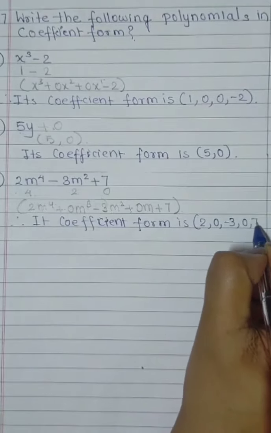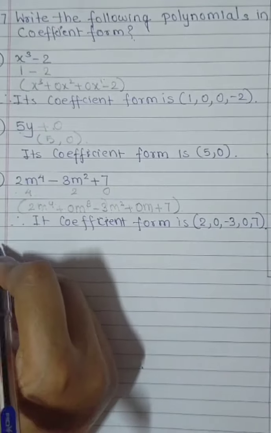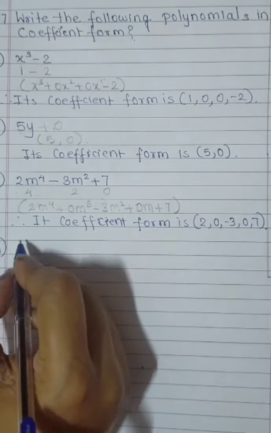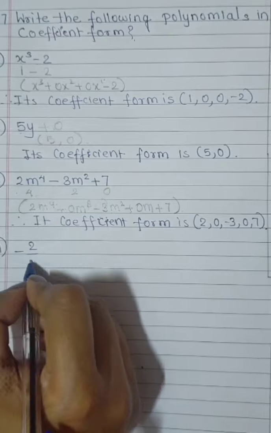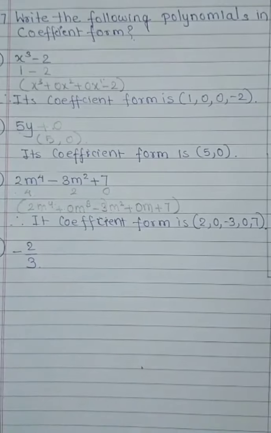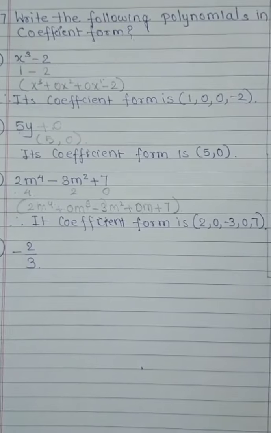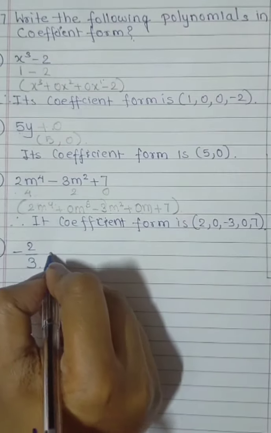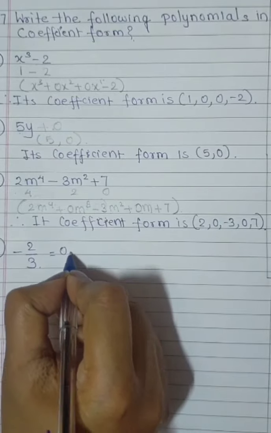Okay, now we are going to solve question number 5, that is −2/3. So here, see here the power is what? 0.